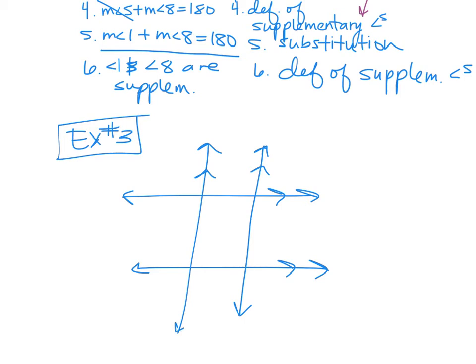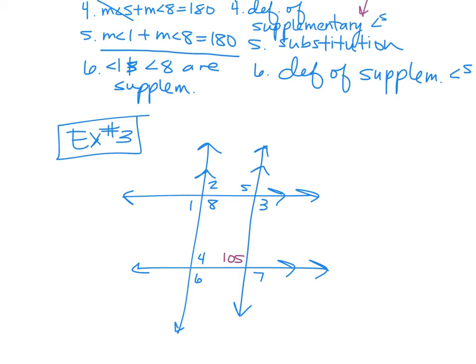And I give you angles 1, 2, 3, 4, 5, 6, 7, 8. And I tell you this angle down here is 105. You should be able to tell me every single angle in this picture.